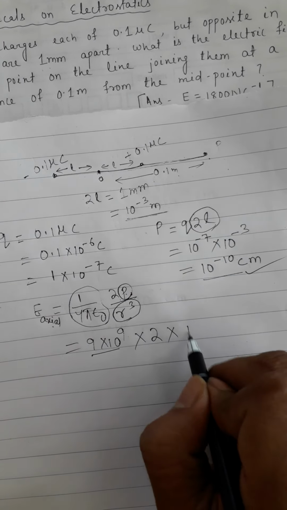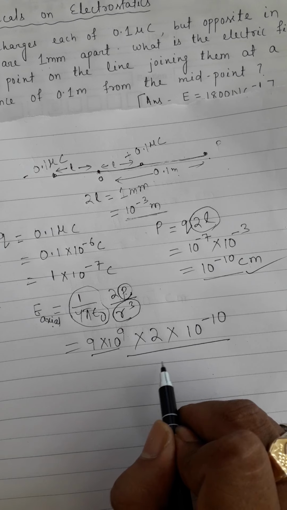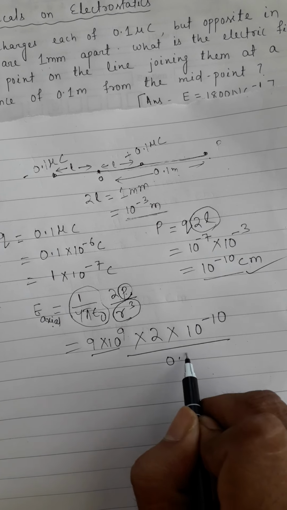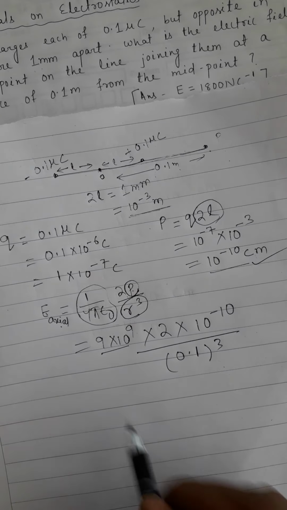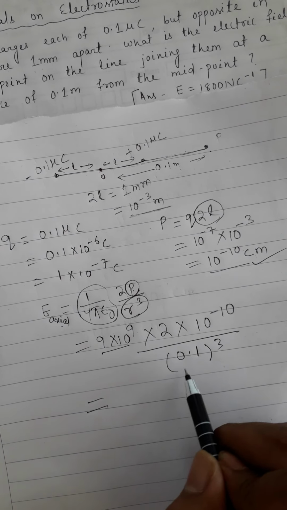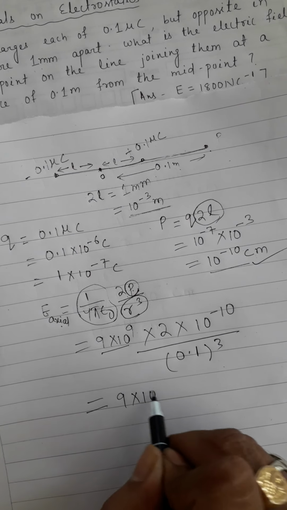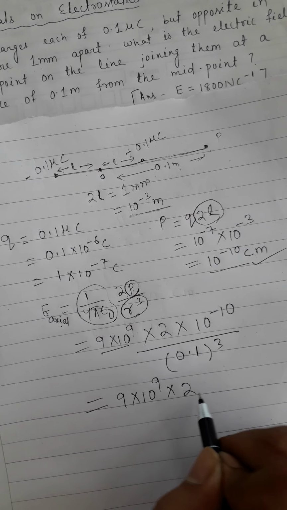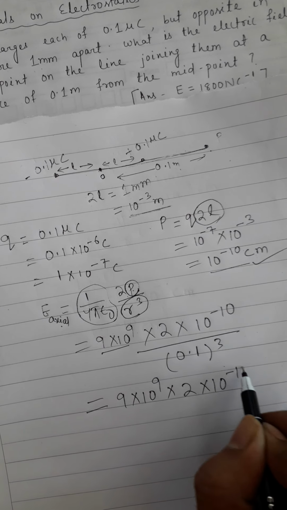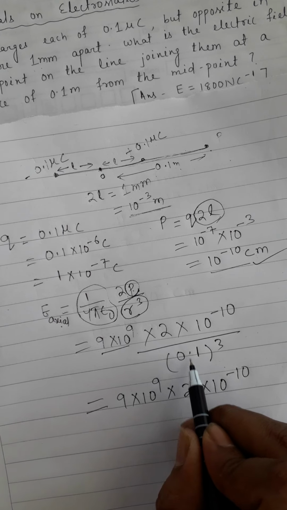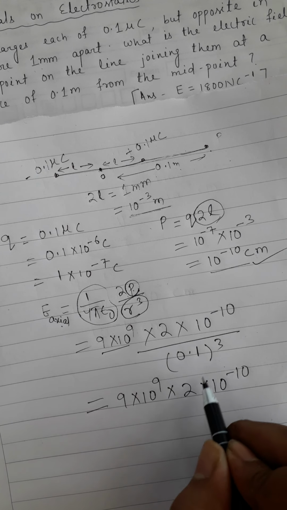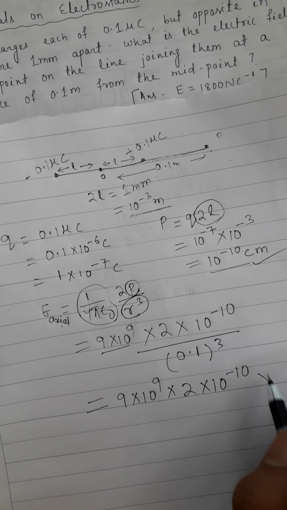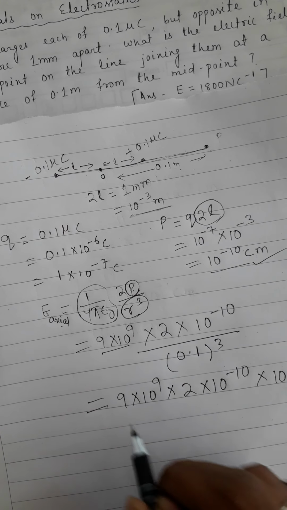It is the distance of this observation point P, where we have to calculate the electric field, and it is 0.1 meter. So it will be 9 into 10 to the power 9 into 2 into 10 to the power minus 10, and 1 by 10 to the power minus 1 whole cube, so it will be 1 by 1000, that is 10 to the power 3 divided by 1.